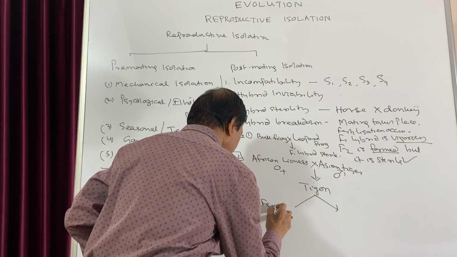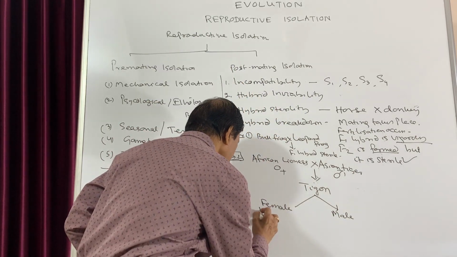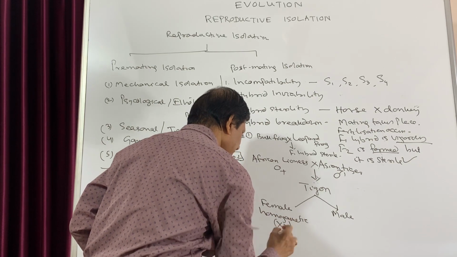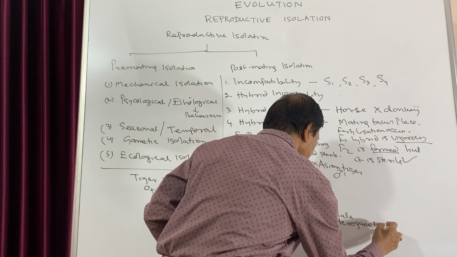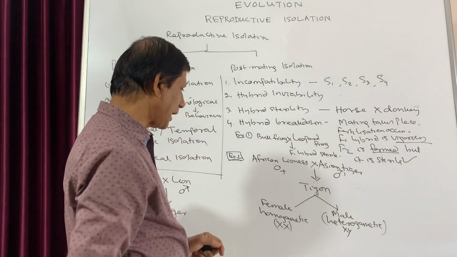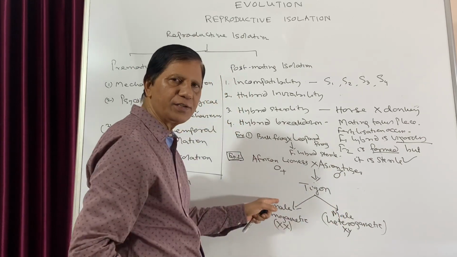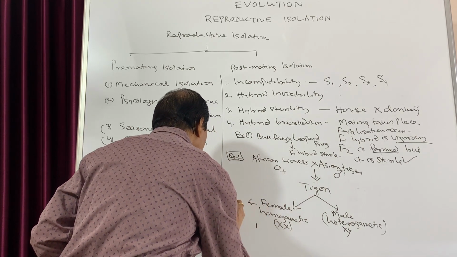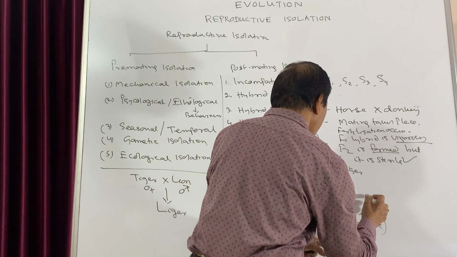Usually the females are homogametic because they have only XX chromosomes, while the males are always heterogametic, like X and Y. The homogametic females are always fertile, while the heterogametic males are always sterile.